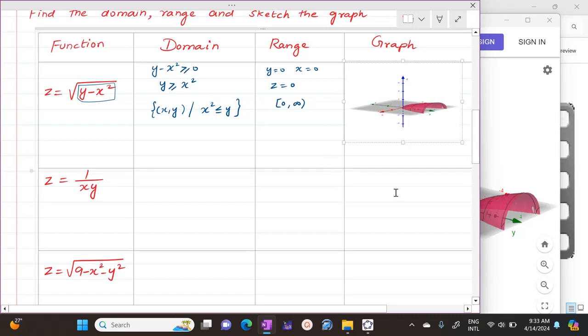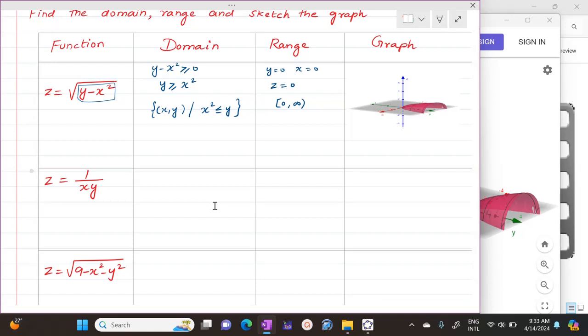The next one, z equals 1 over xy. Therefore the domain is x and y not equal to 0. It will take all the x and y values except where xy equals 0. So this is the domain. Here z will take all the values except 0. This is the range.